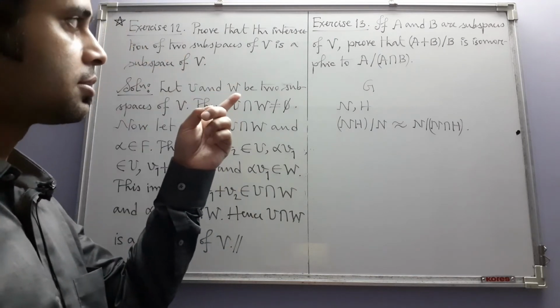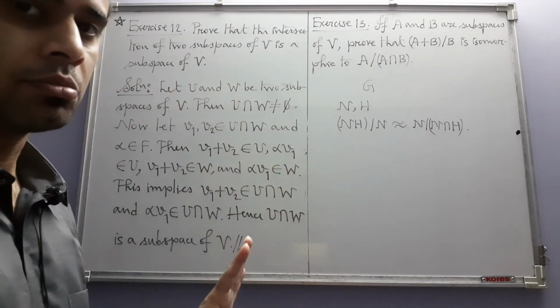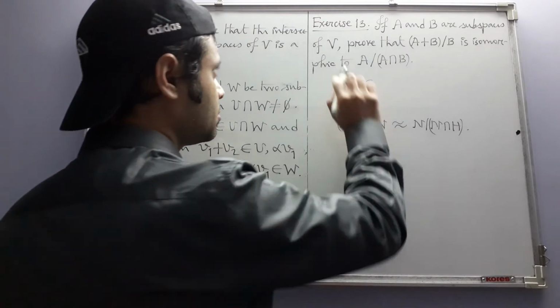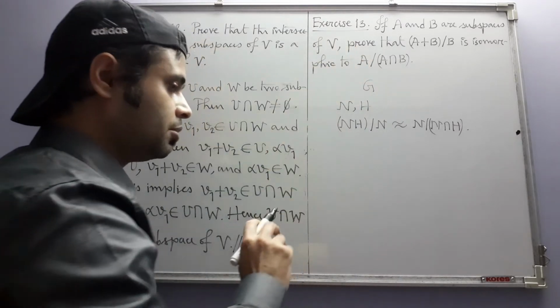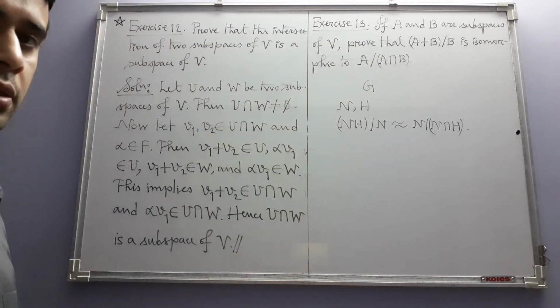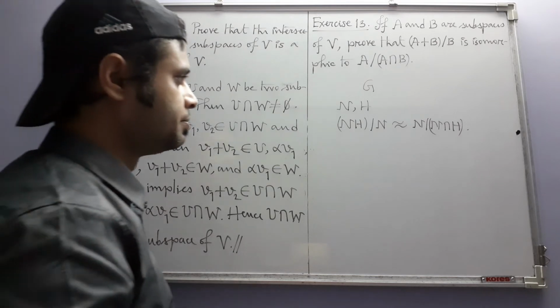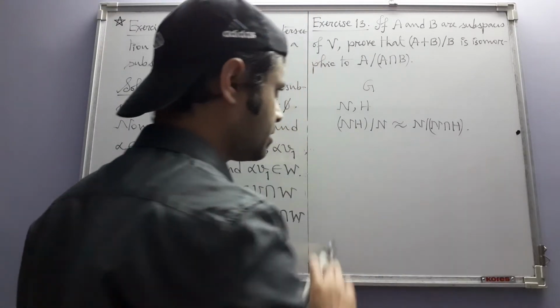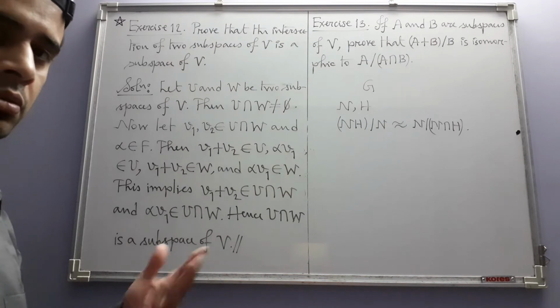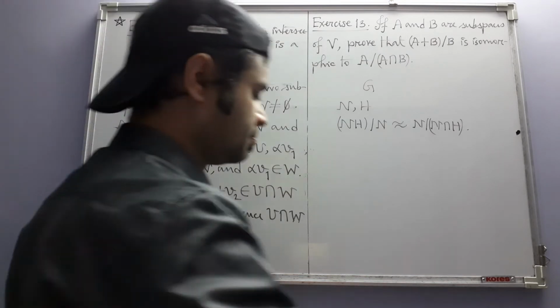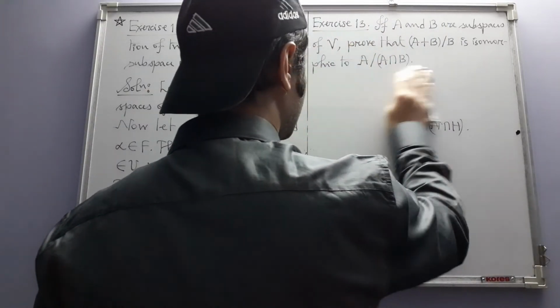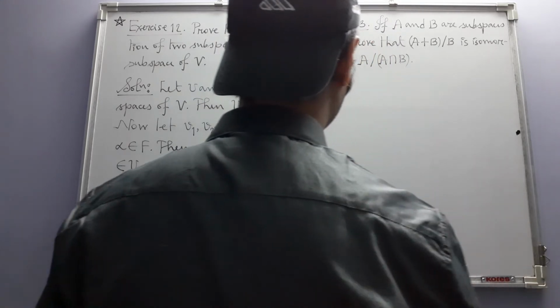In our case the subgroups are normal because our additive group in the vector space is an abelian group, so every subgroup is normal. Since this result is available to us, we are going to use it, and we write the solution like this.